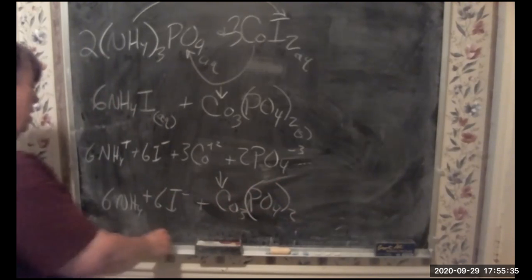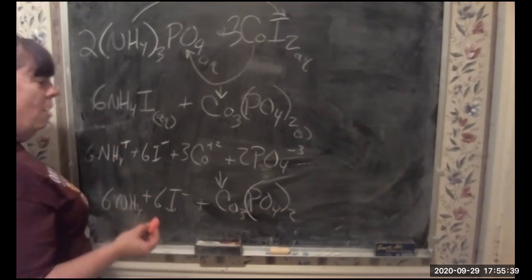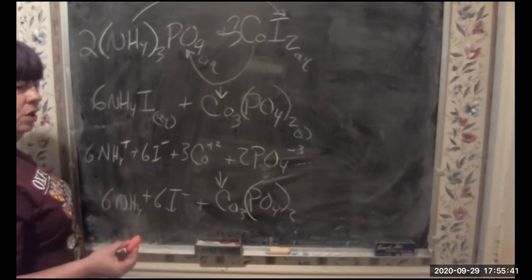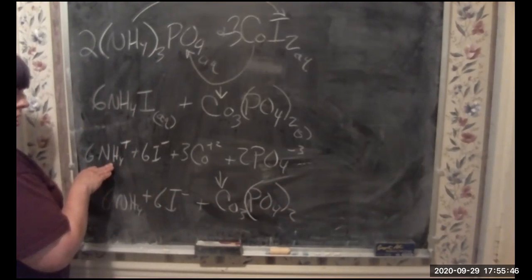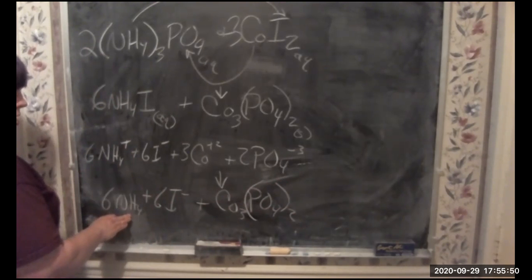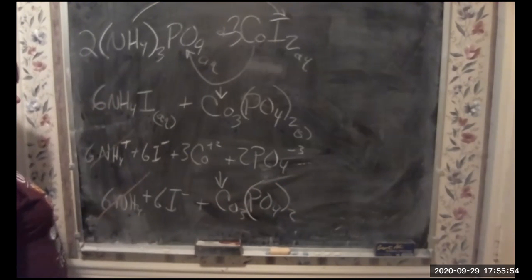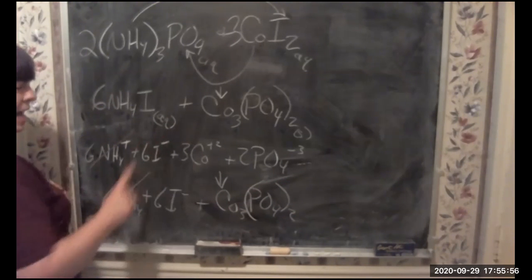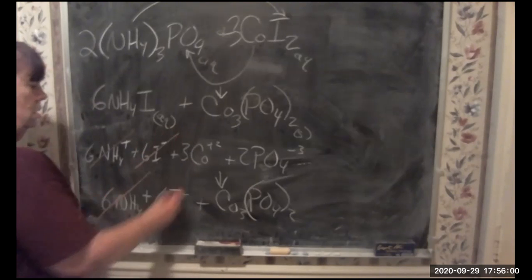Now I go back, I actually have colored chalk, and I can show you how the spectators go away. This one is charged, NH4 plus. Those drop out, they're spectators. 6 iodides, 6 I minuses. Those drop out.